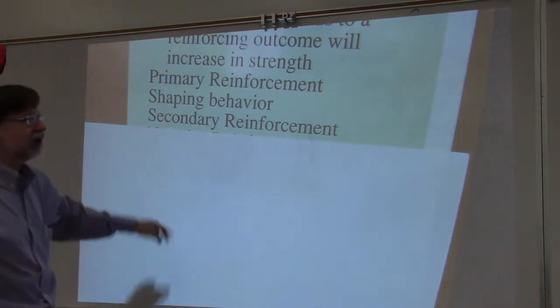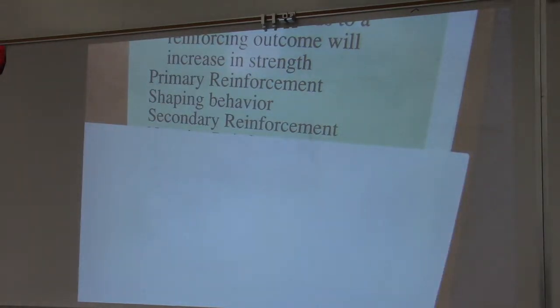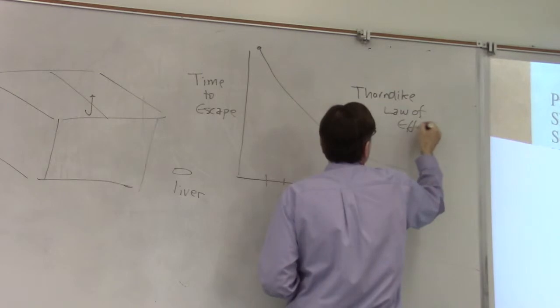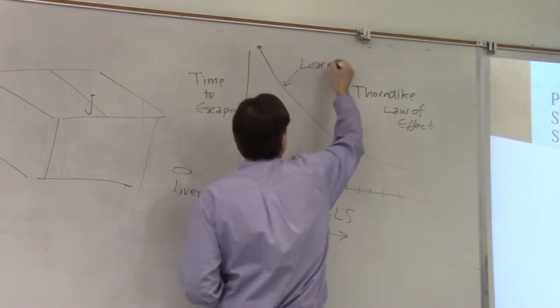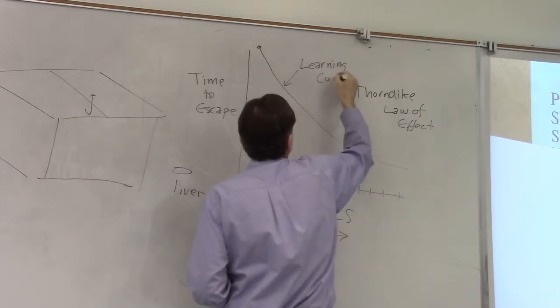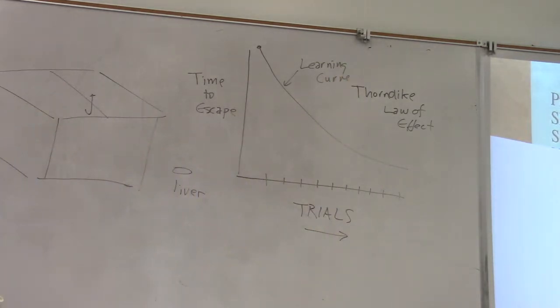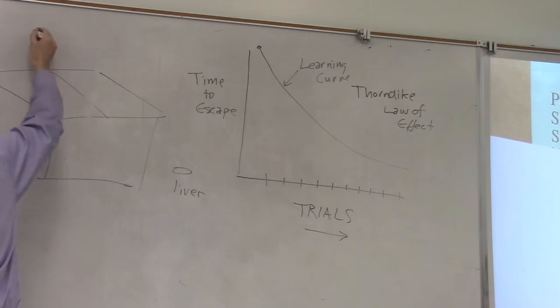So let's talk about shaping of behavior. So this is Thorndike and the law of effect. This one is an example of a learning curve. We'll have some other examples later. And Skinner modifies this box, and it becomes known as the Skinner box.